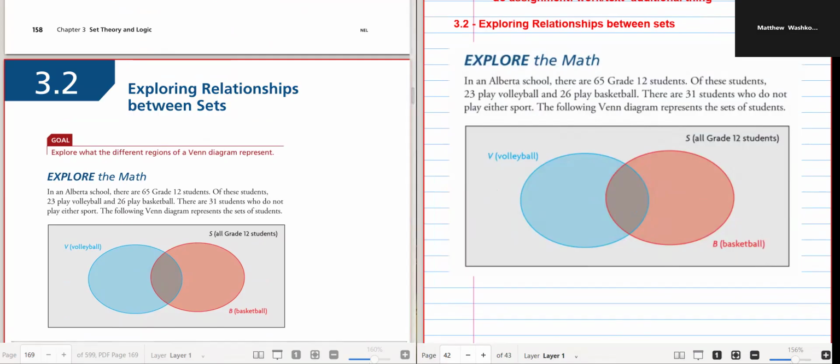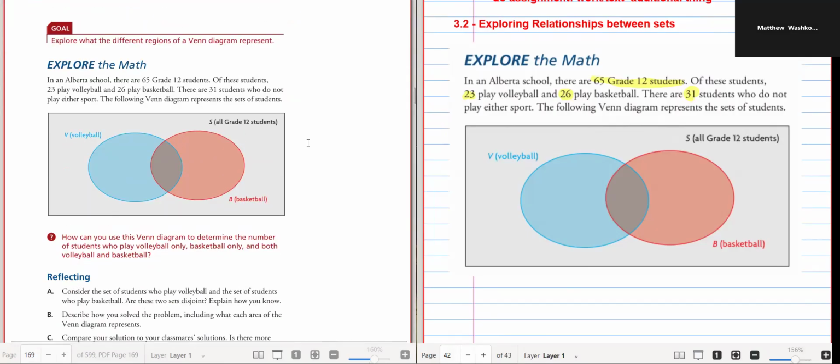So in an Alberta school, there are 65 grade 12 students. We have 65 people who are taking a survey. Of these students, 23 play volleyball, 26 play basketball, and there are 31 students who do not play either sport. And this Venn diagram here breaks it out.